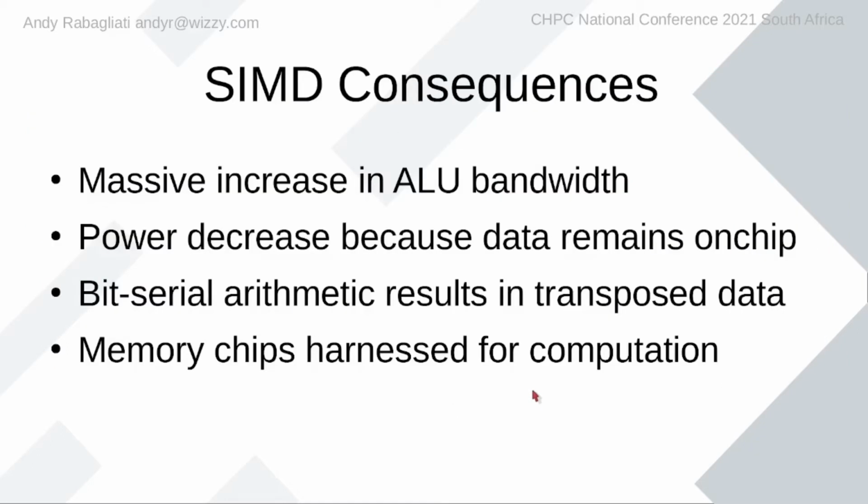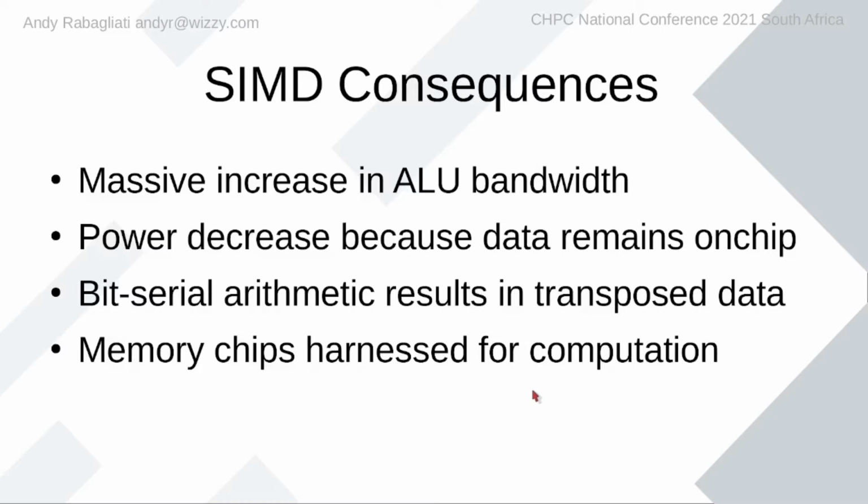What are the consequences of this? There's a massive increase in the ALU data bandwidth. Instead of a 64-bit bus to your memory, we now have 64,000 bits on each RAM chip between the ALU and the associated memory. There is a corresponding power decrease because the data does not have to be driven across pins and traces on the motherboard between the CPU and the DIMM memory chips on your motherboard.